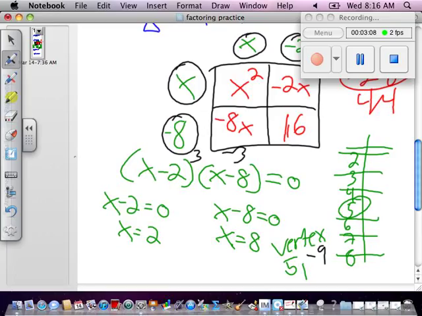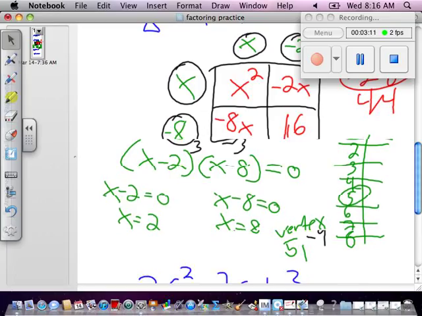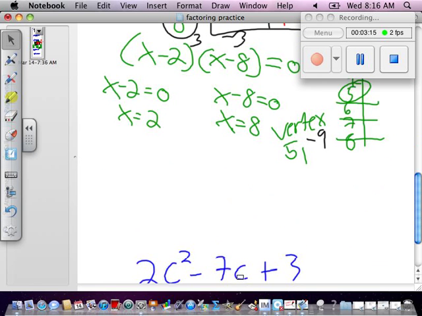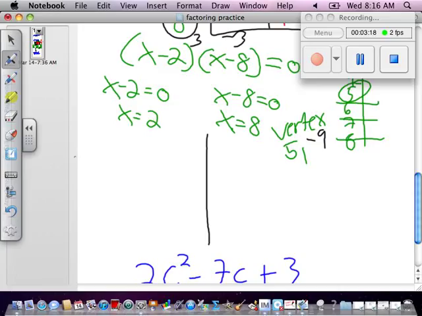I found my two roots, so this should be easy to graph. I just want to make sure you know how. So we've got 1, 2, 3, 4, 5, 6, 7, 8.